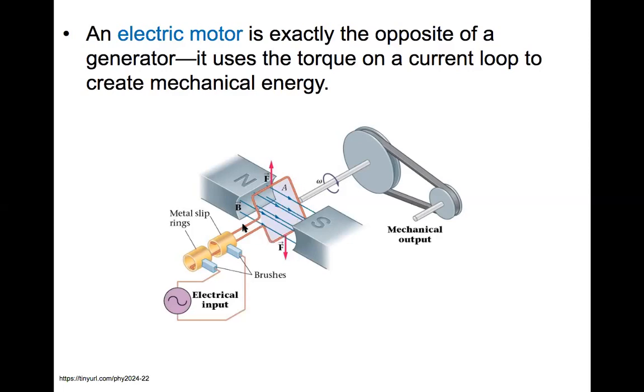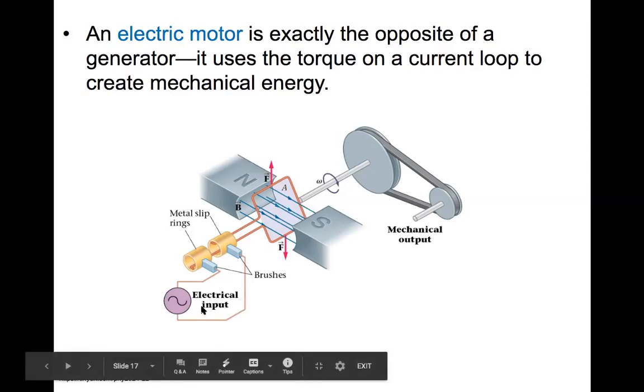Earlier in this chapter we talked about how if you have current in the coil, there's a magnetic force on the two sides of the coil, and that produces a torque. So the coil will be turning, and mechanical energy becomes the output. The input is electrical energy, and the output is mechanical energy.